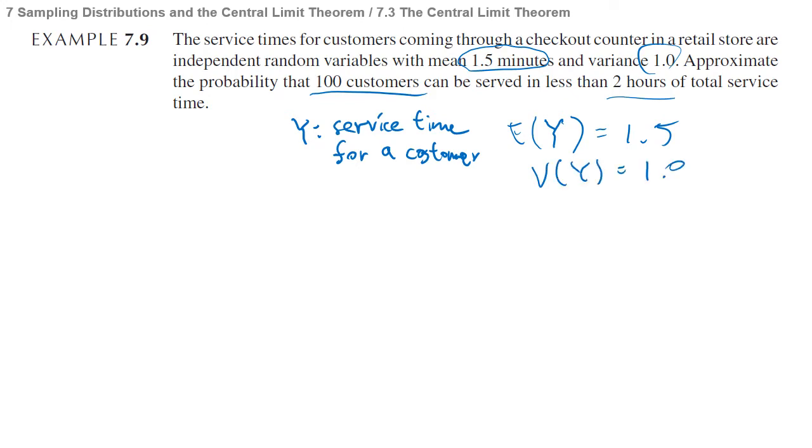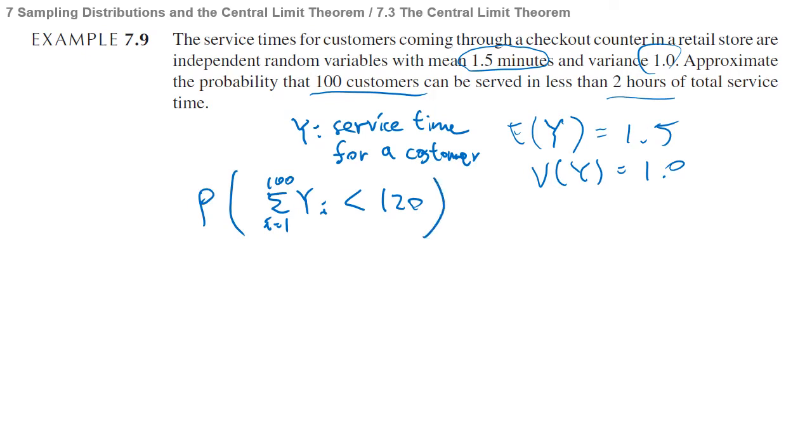We have 100 customers, so i equals 1 to 100. We want them served in less than 2 hours, which is 120 minutes. So we want to calculate this.